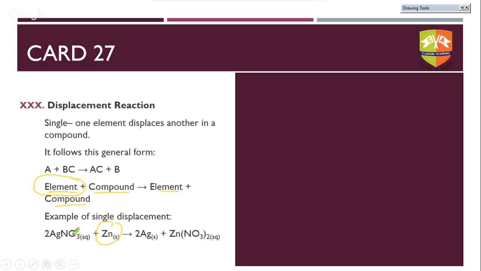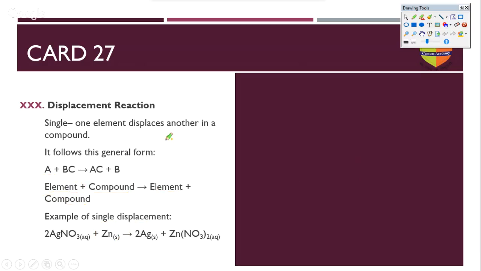You will find that zinc with AgNO3 is giving you Ag plus Zn(NO3)2. So here you will find that one metal is displacing another metal from the compound. Okay, so these are the important factors that we have in displacement reaction. Now let's look at some more forms.